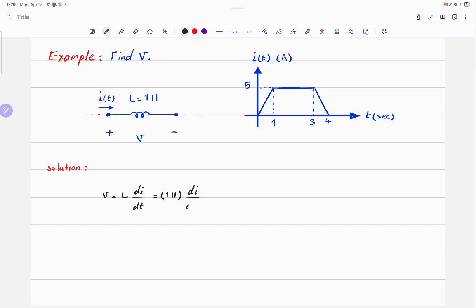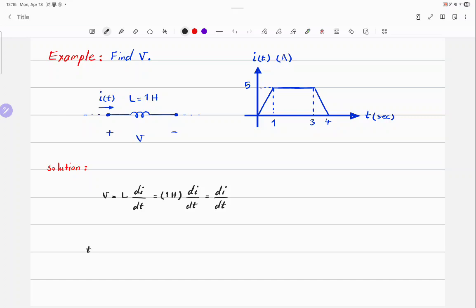So it's equal to di over dt. The information that we have about I is in the plot. Now, what is the equivalent of a time derivative when you have the plot? Slope, right? So we're going to deal with this plot piecewise, because it has different slopes in different regions.